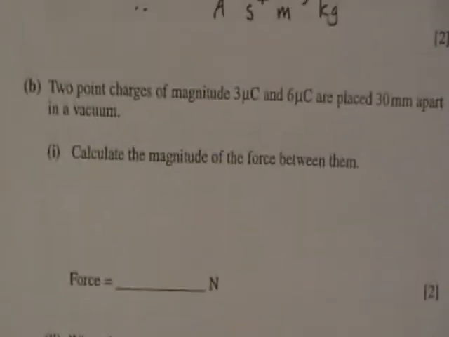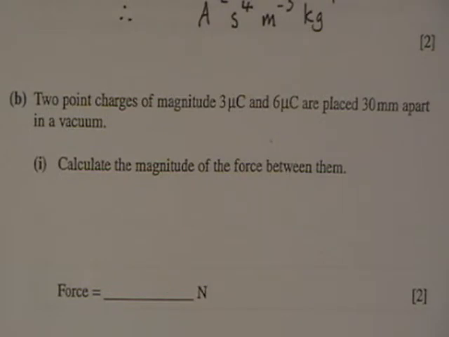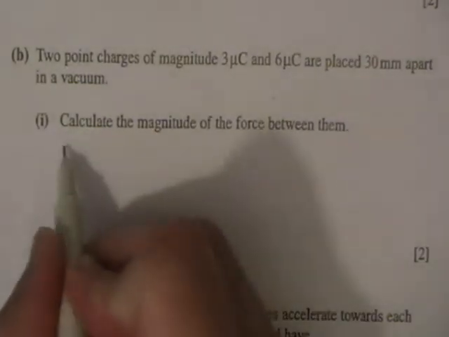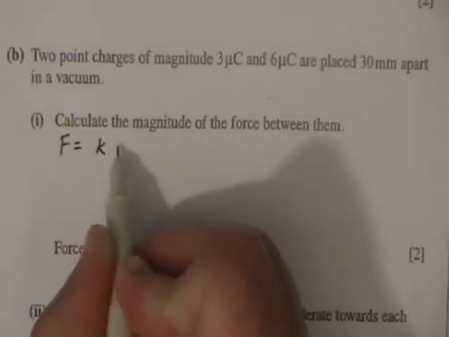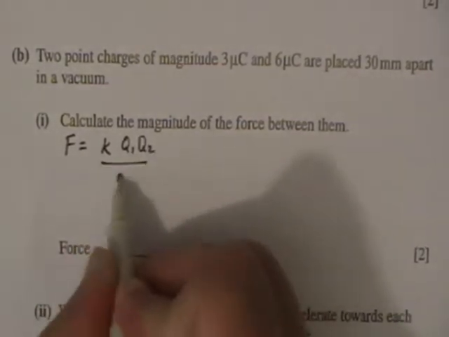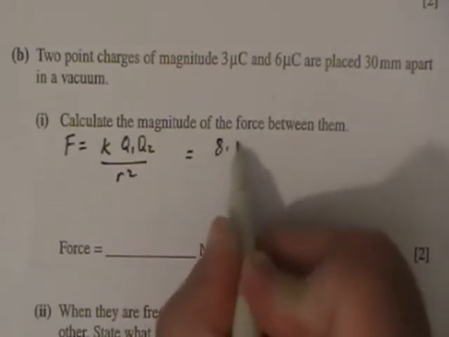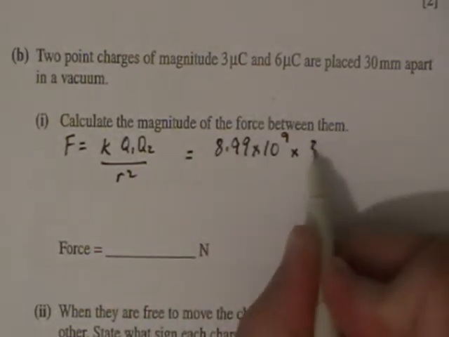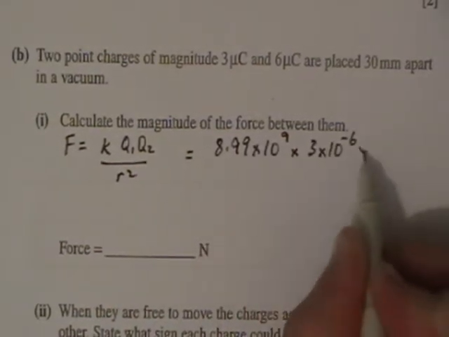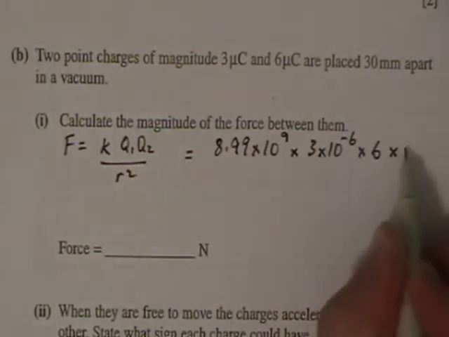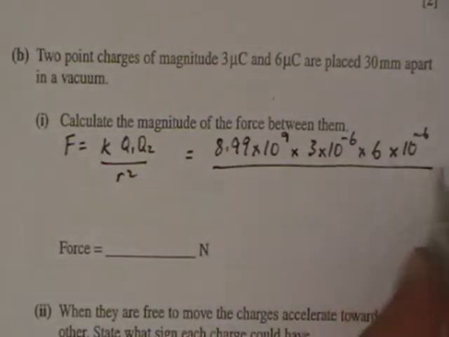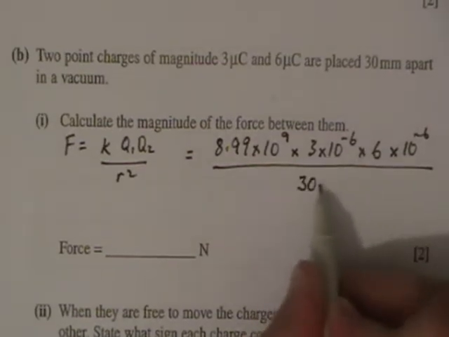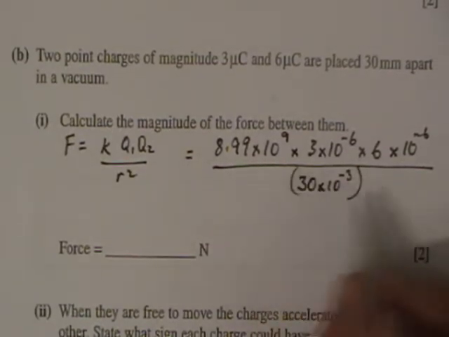Two point charges of magnitude 3 microcoulombs and 6 microcoulombs are placed 30 millimeters apart. If I calculate the magnitude of the force between them, well, F is equal to K Q1 Q2 over R squared, so that's equal to 8.99 times 10 to the power of 9 times Q1, 3 microcoulombs, that's 3 times 10 to the minus 6, times 6 times 10 to the minus 6, over the distance, which is 30 times 10 to the minus 3, all squared.